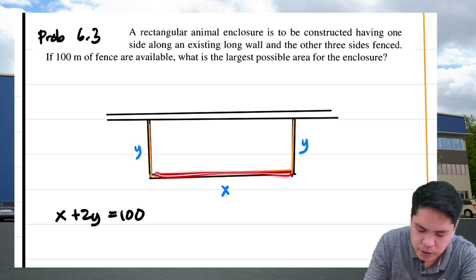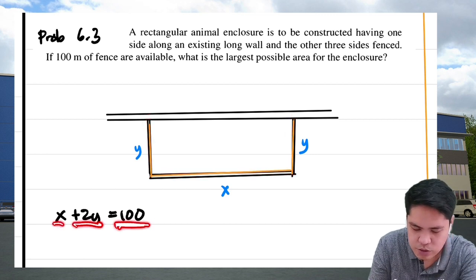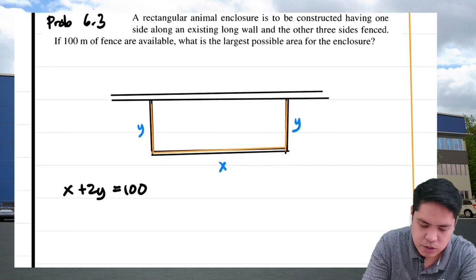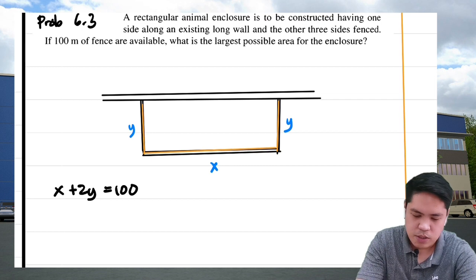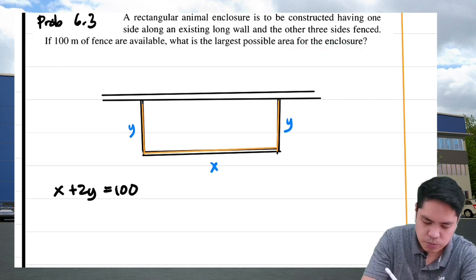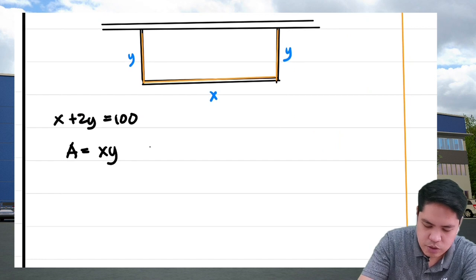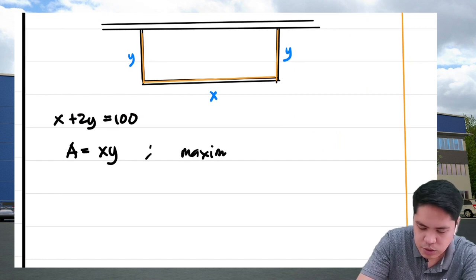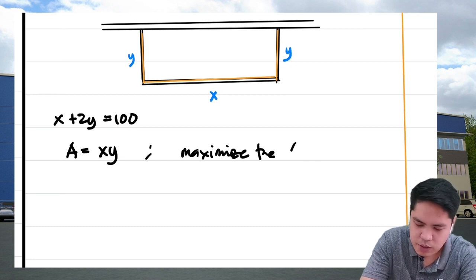So that would be x plus y, or x plus 2y equals 100. That it's in meter. Now, what we are trying to maximize, or what we are maximizing, is the area of the enclosure. And we compute the area of a rectangle, because it's just rectangular, as x times y, or length times width. Okay? So, ito yung maximize natin. We need to maximize the area. Okay? Or maximize area A.